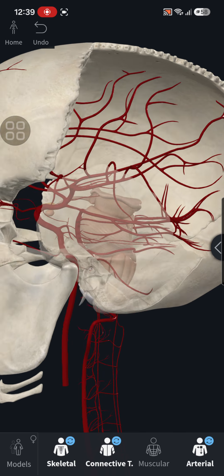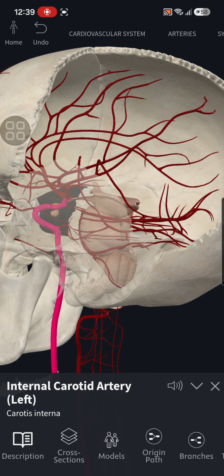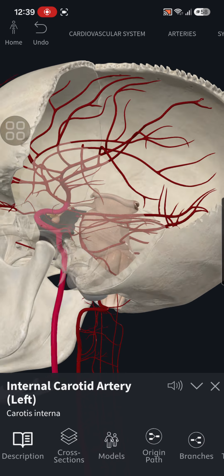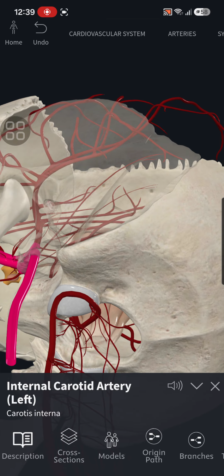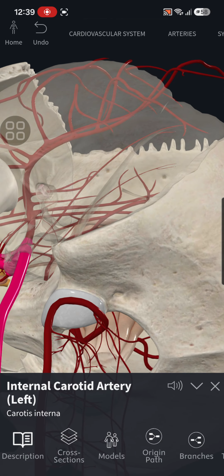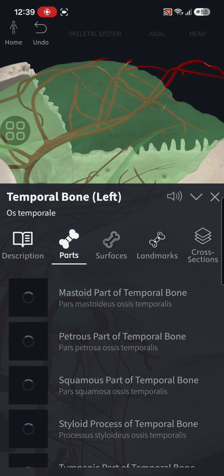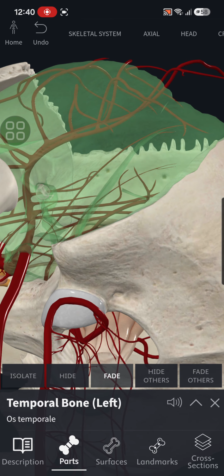So basically, this is the internal carotid artery. It enters the brain through the carotid opening. The carotid opening is in the temporal bone, in the petrous part of the temporal bone. It enters through the carotid opening and into the carotid canal.